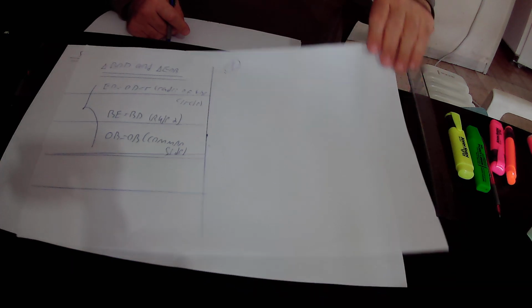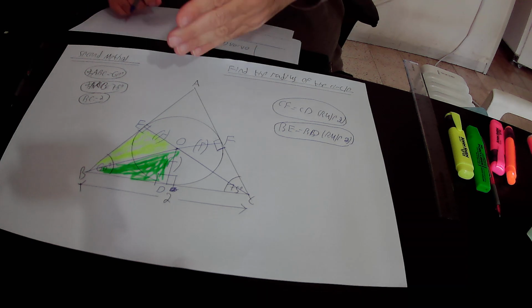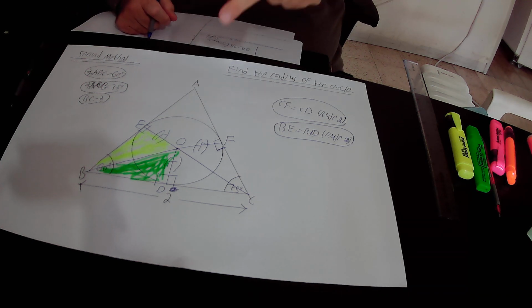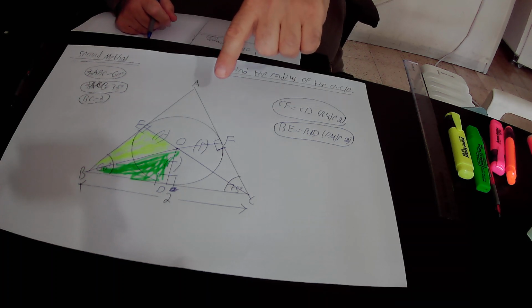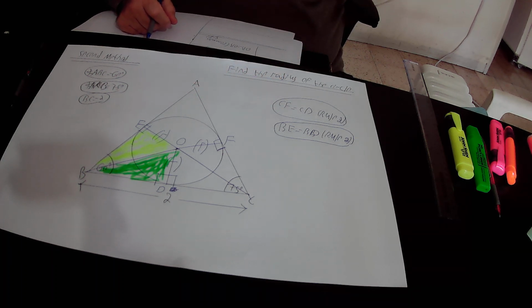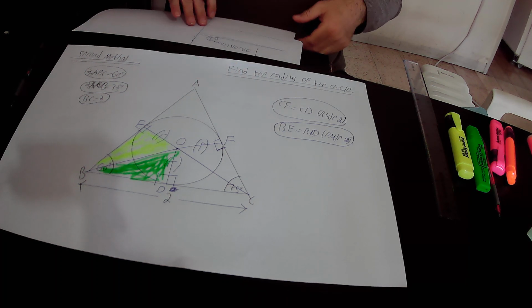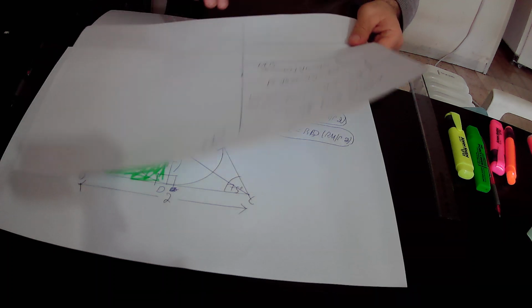So all three sides of the yellow right triangle EOB are correspondingly equal to all three sides of the green right triangle OBD. Therefore, those two right triangles can go into each other according to the side rule. So I write it down.